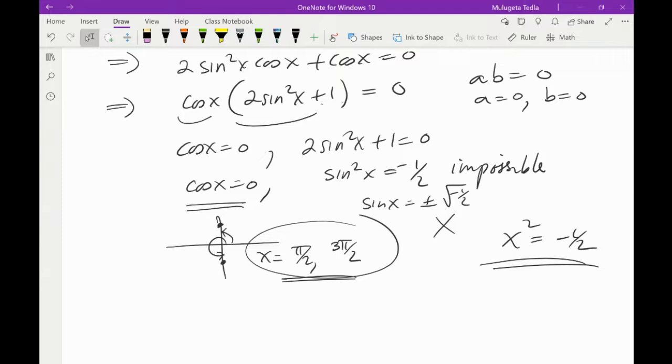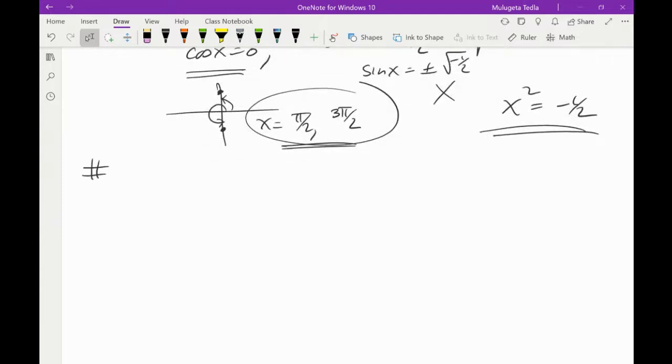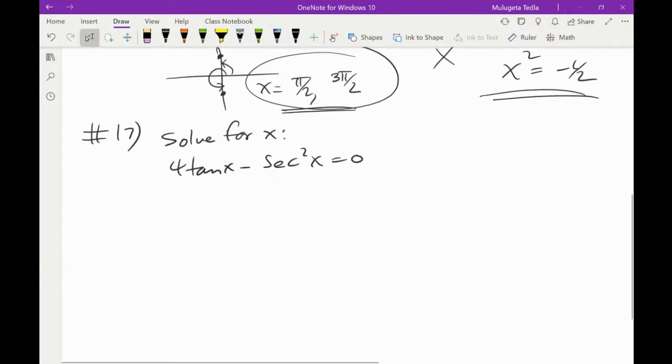Let's do number 17. I don't know if number 17 here is the same as the earlier one. So solve for x: tan x minus secant squared of x equal to 0, for example. The problem here is the tan and secant.